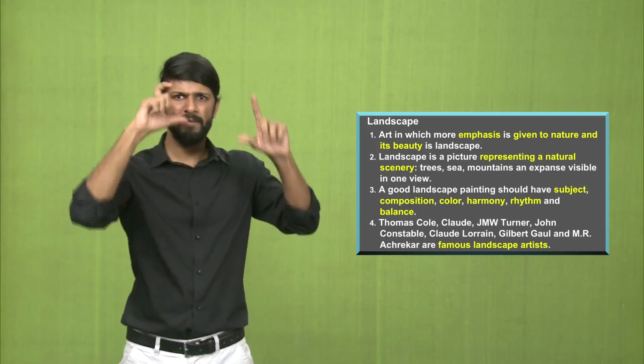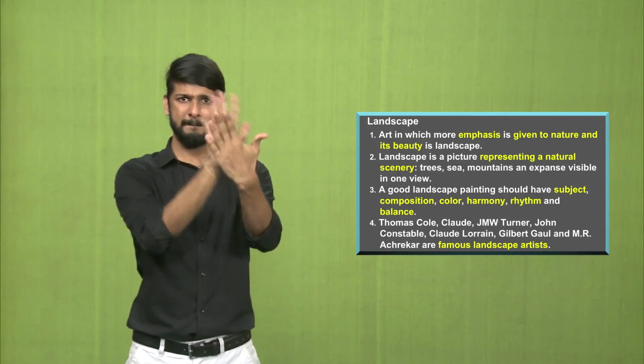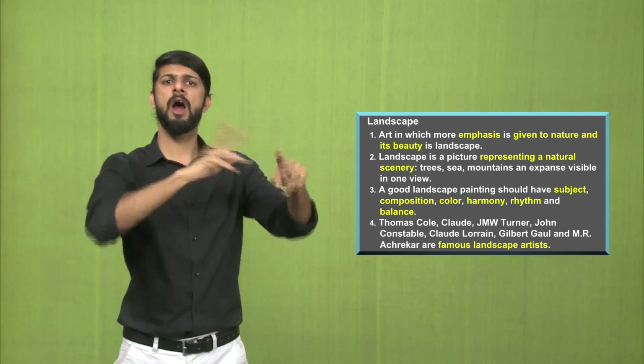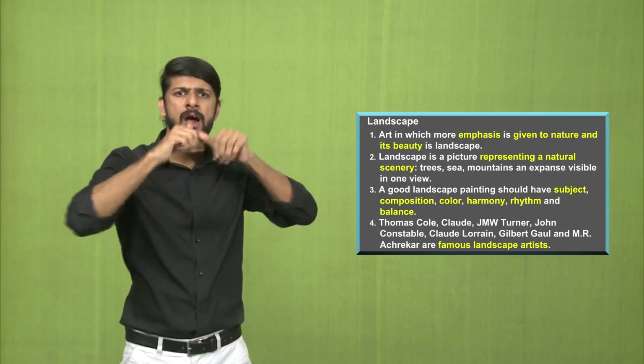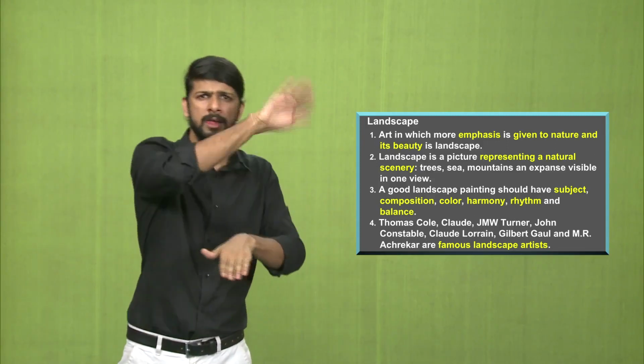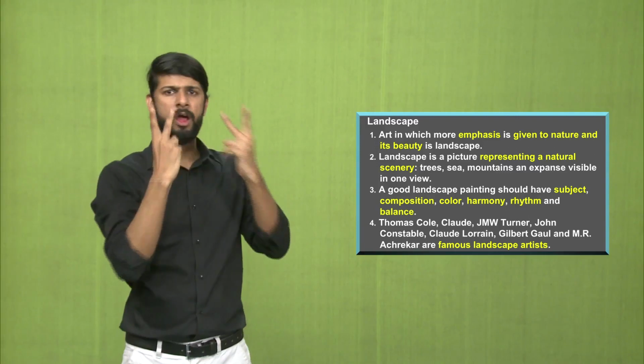So, these could be anything out of the natural scenery, could be seas, mountains, any expanse which is visible in one view.